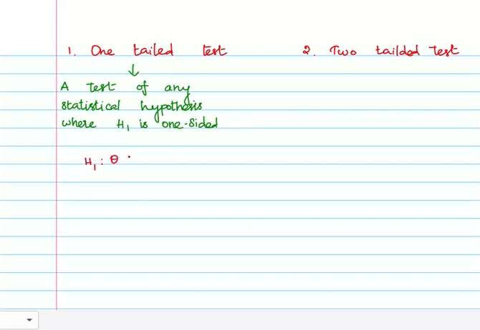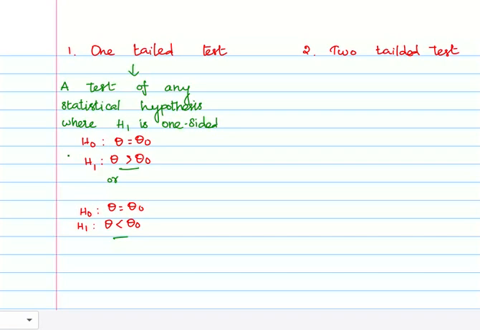One-sided means our H1 is theta greater than theta naught, with the null hypothesis H naught being theta equal to theta naught, or our H1 is theta less than theta naught. When the alternative hypothesis is greater than or less than, we call it a one-tail test.